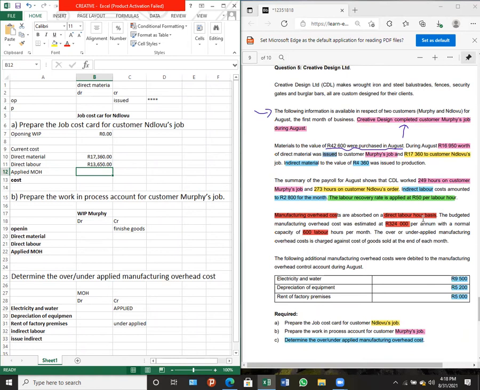Anyone who wants to try the POR, guys? How are we going to calculate POR?